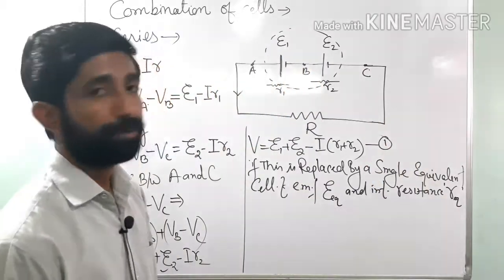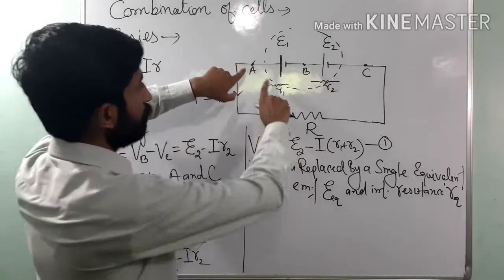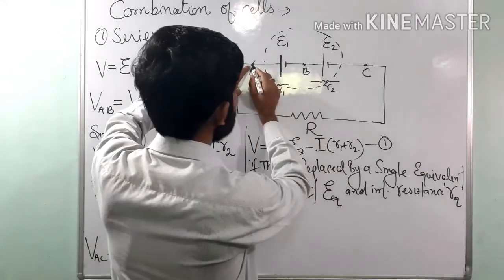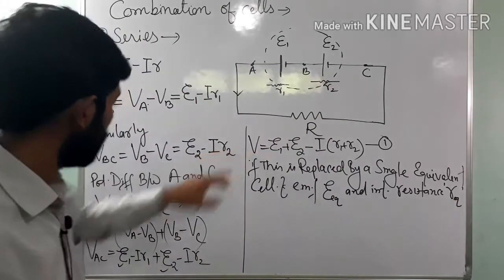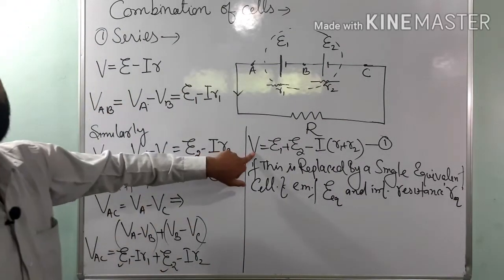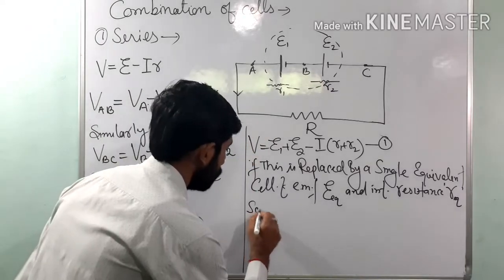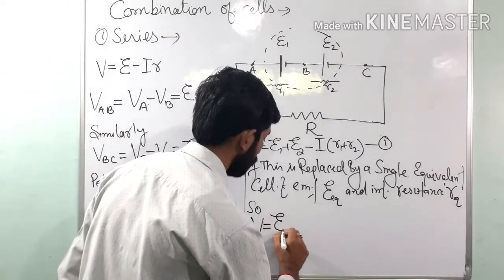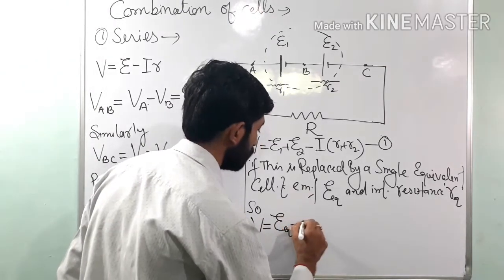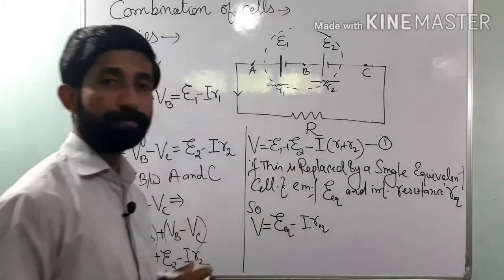Then what will be the equation in that format? Because the job is the same, the terminal potential between A and C will be the same. So we must write either VAC or simply V. So V is equal to E equivalent minus I R equivalent.